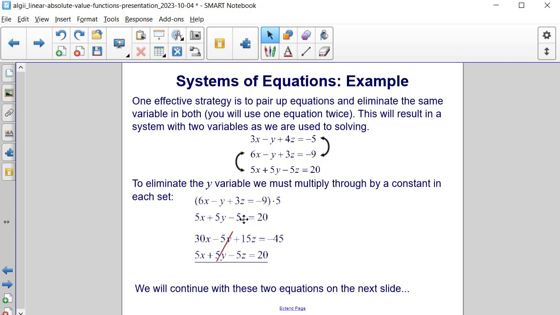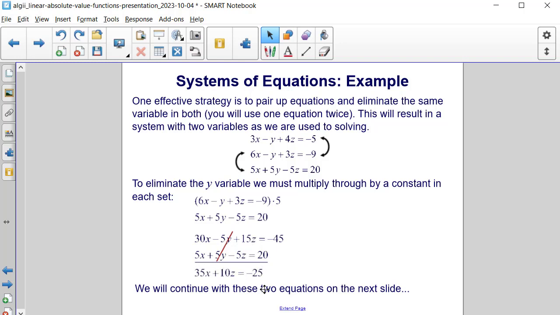And then the second equation will remain the same. And then if we add straight down, we'll get 35x, the y's cancel out, plus 10z is equal to negative 25.